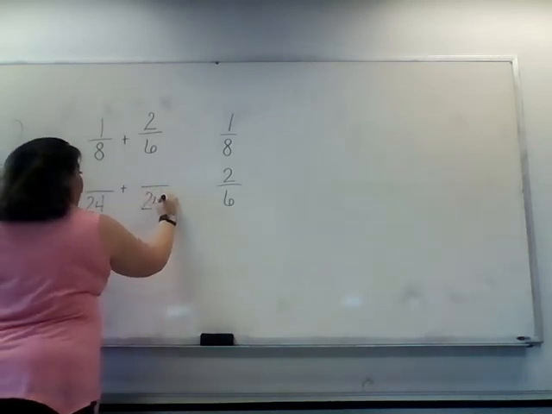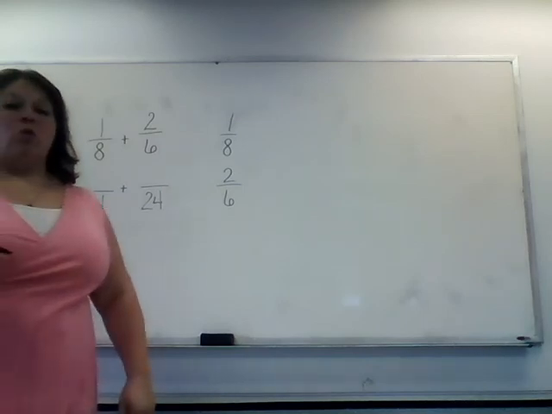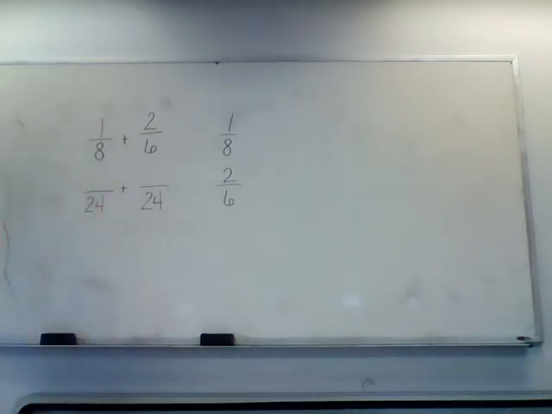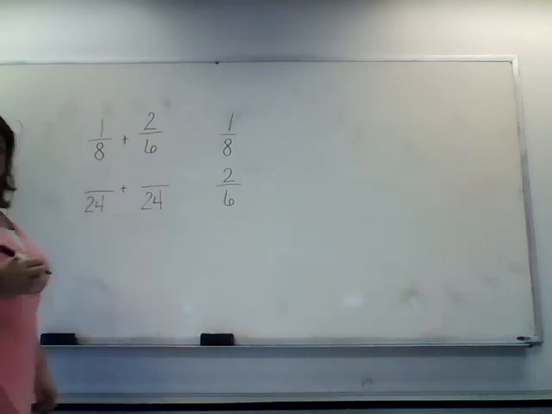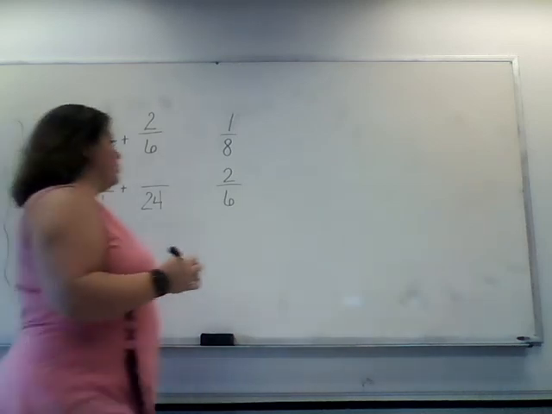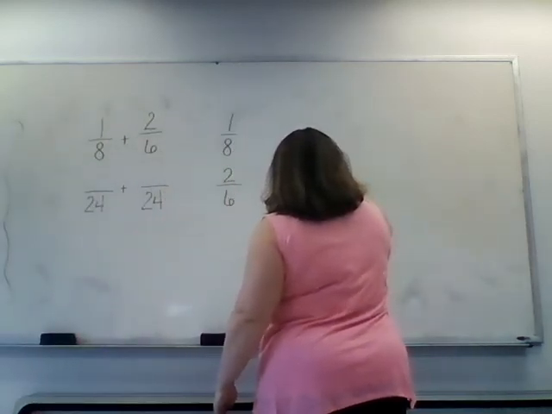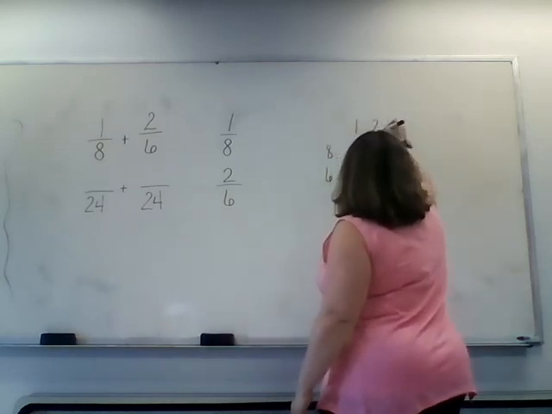Okay, so our least common denominator is 24 in this case. Unfortunately, we don't have one that is smaller, or do we? What did you figure out? Sometimes you look at two numbers and you think 24 and then you're like, maybe I should check my math. So let's check our math, just in case.